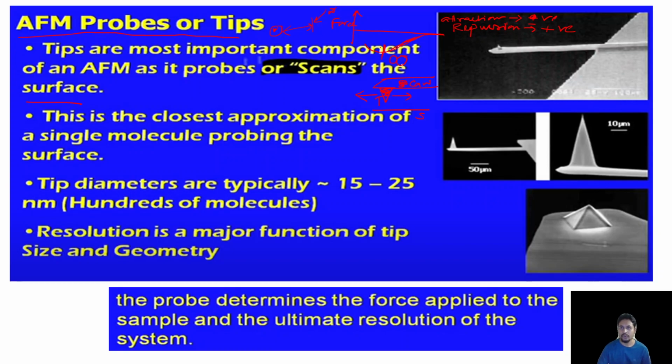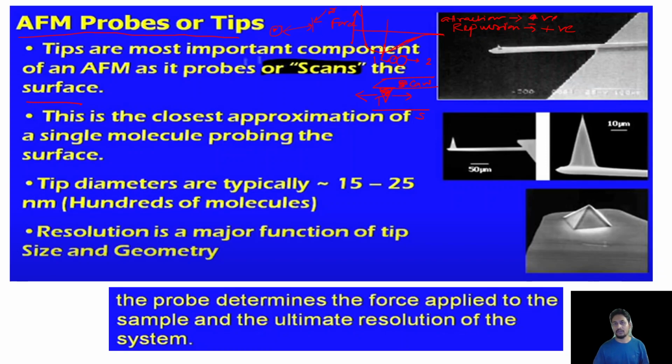After that, if we try to squeeze these two, there is some electron cloud in atom number one, and in the other also there is an electron cloud. So these two are going to repel, and we get some kind of repulsion force.